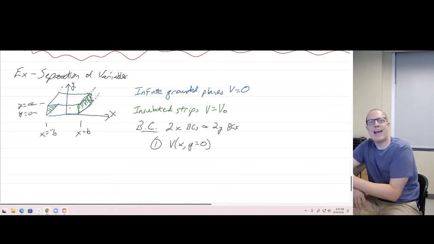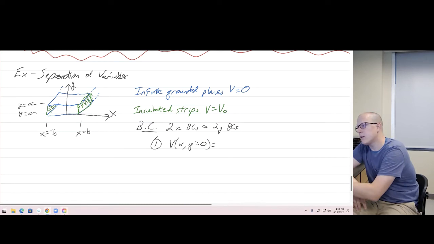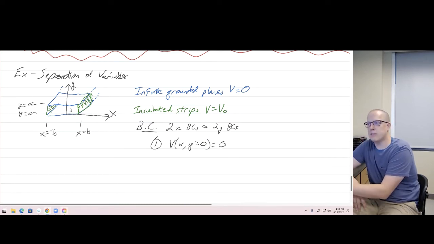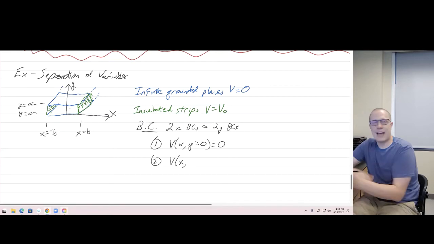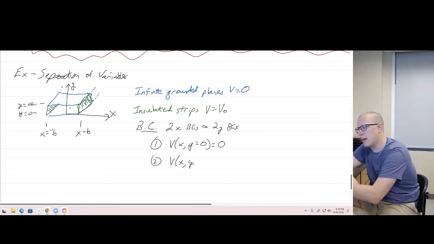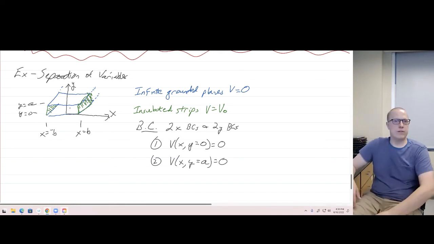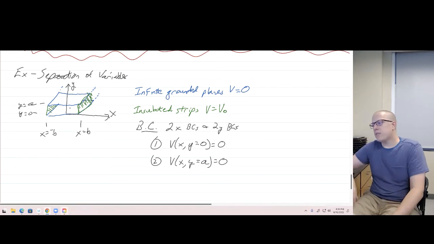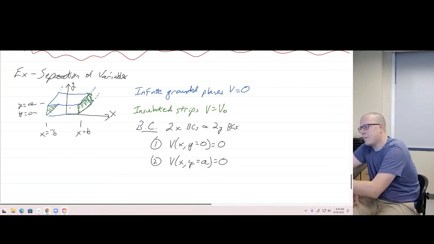We'll say that at y equals 0, we know that the potential is 0. Okay. So that's our first boundary condition. Our second boundary condition, the first one's at the bottom plate, the second one's the top plate. So at y equals a, the potential is also 0. So those are our two boundary conditions for y.